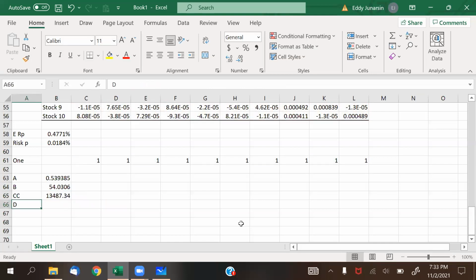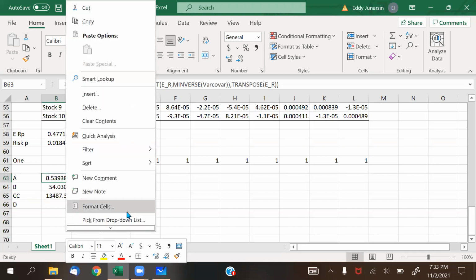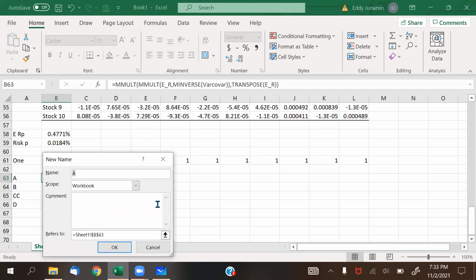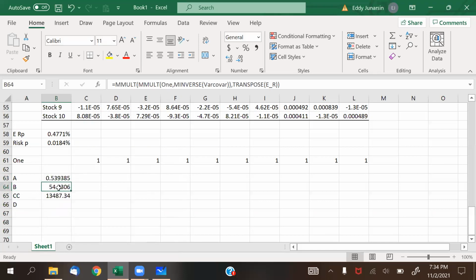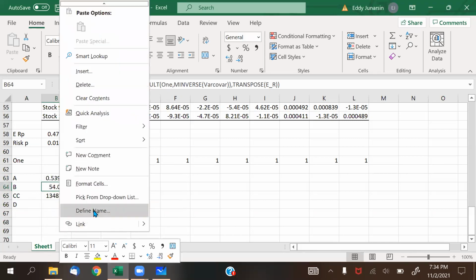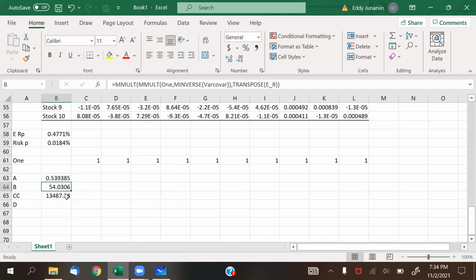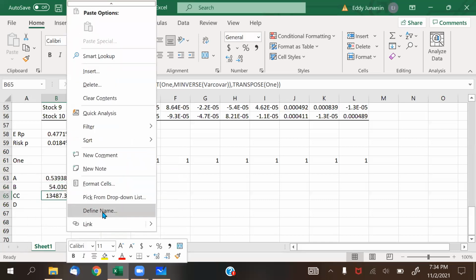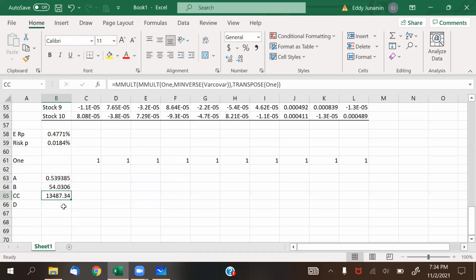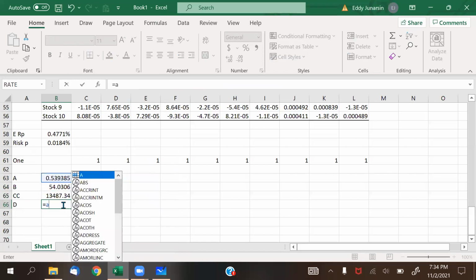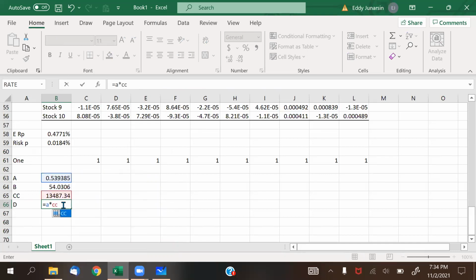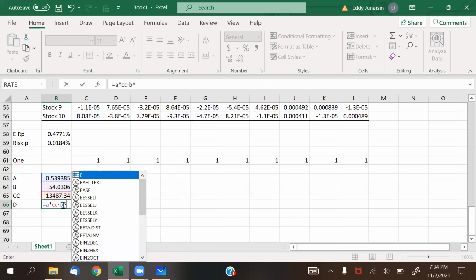And then D. As usual, it's better to name them to make our life easier. So define names: A, B, C. Then D would be A times C, minus B squared.